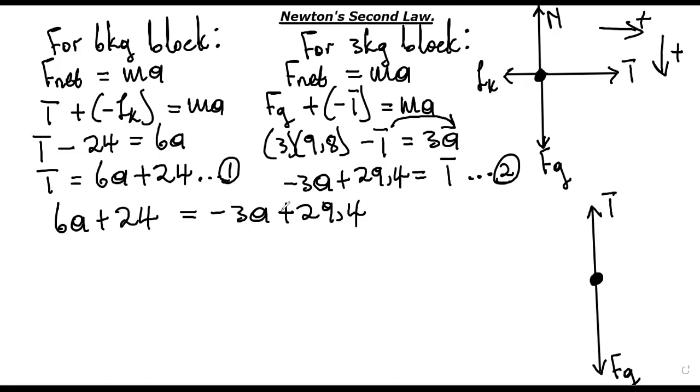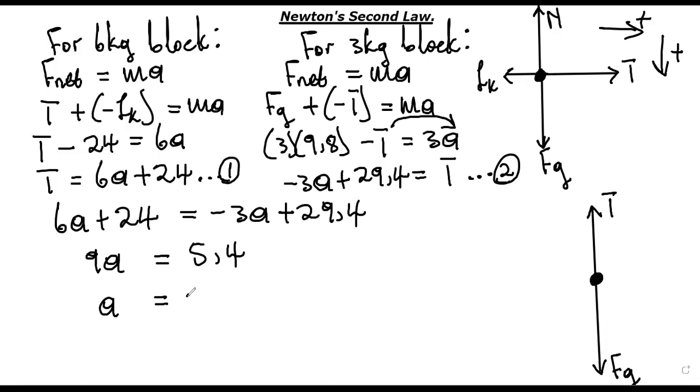So 6A plus 3A, we simply get 9A. And then if you say 29.4 minus 24, you simply get 5.4. Then from this point, you divide both sides by 9.